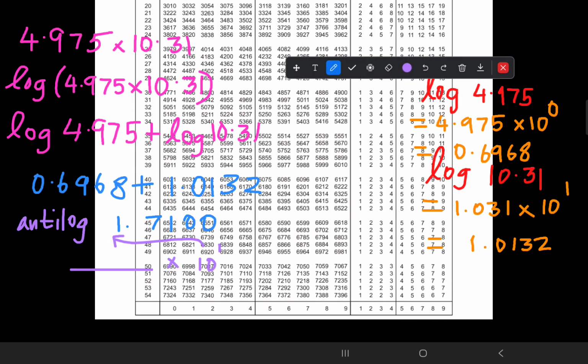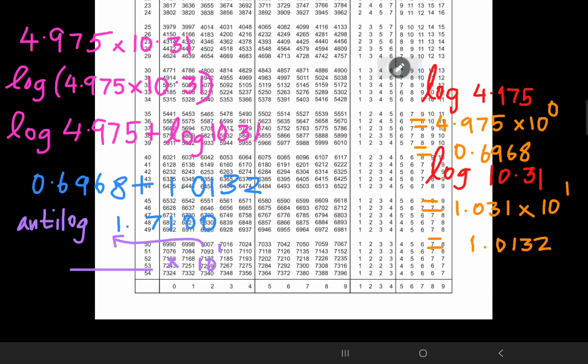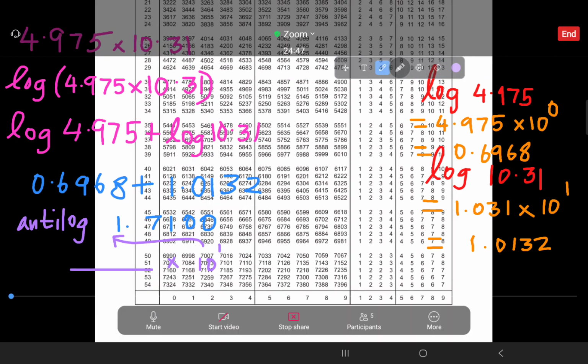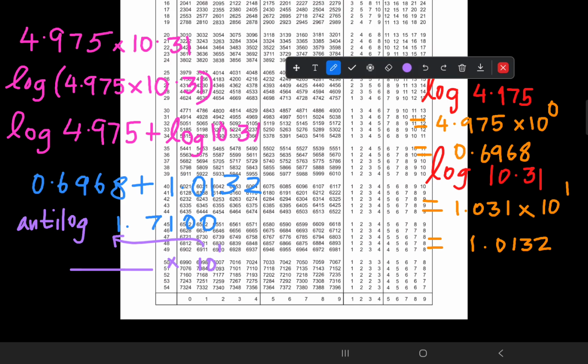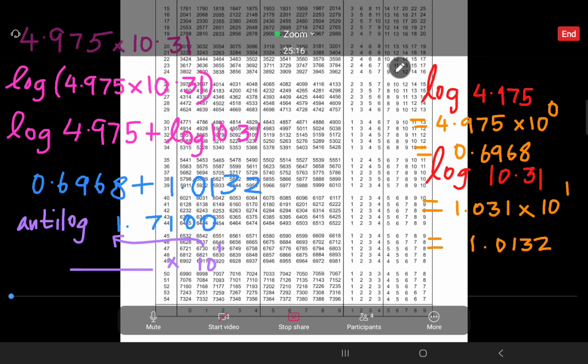7100. We have here, we have 7101 there. 7093 is here. We can use that one for the calculation.